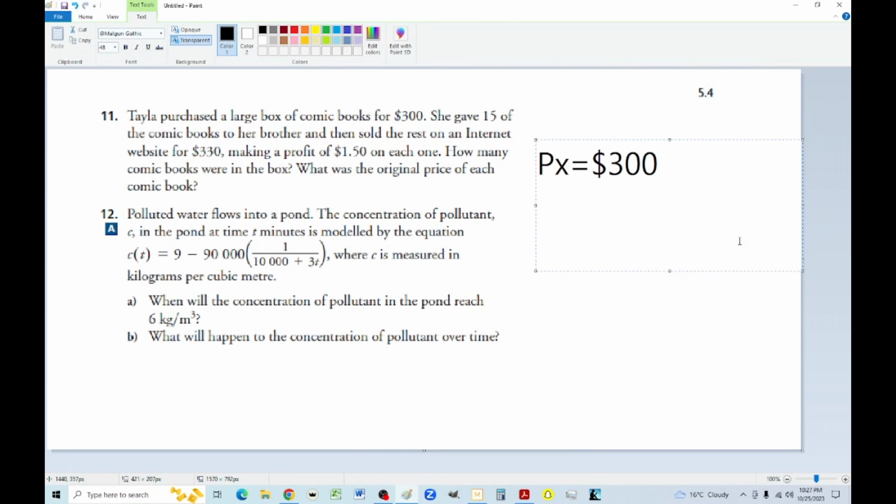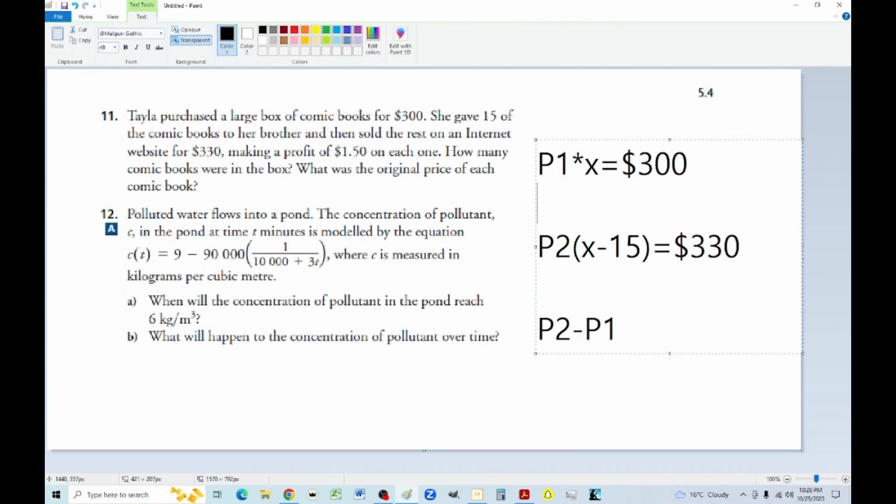She removes 15 of them and sells them for price 2, and she gets 330. But it also tells us the profit. Profit is $1.50, which means price 2 minus price 1, times X, the number of comics, is equal to $1.50.